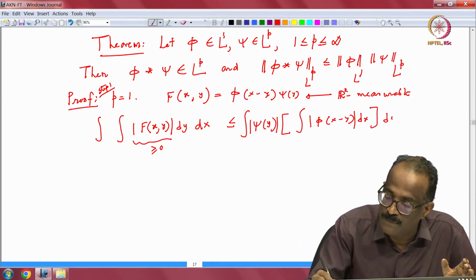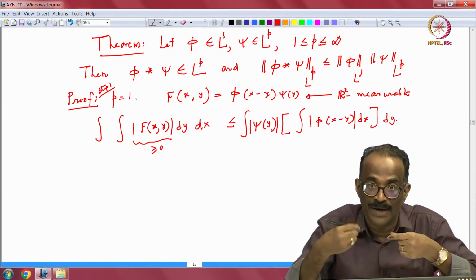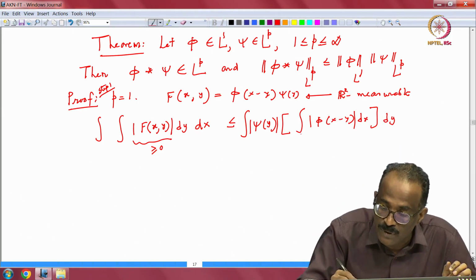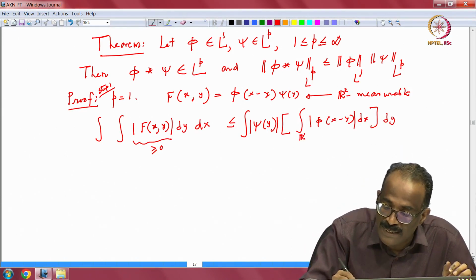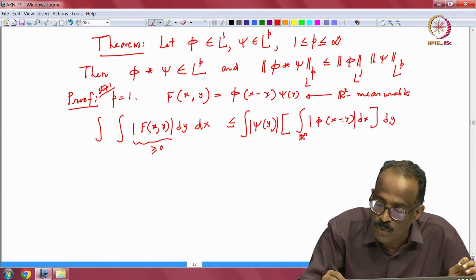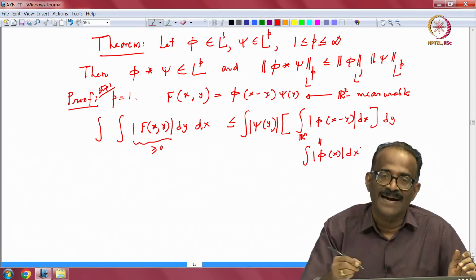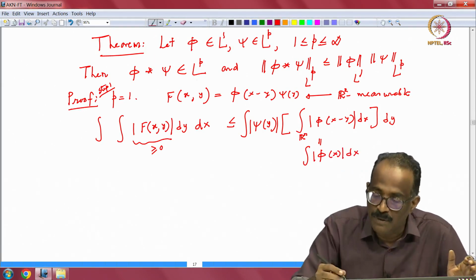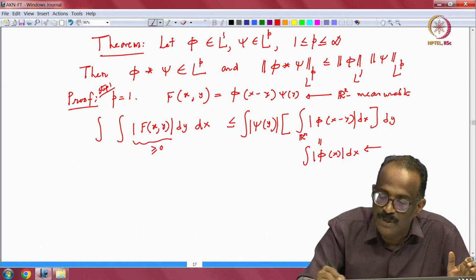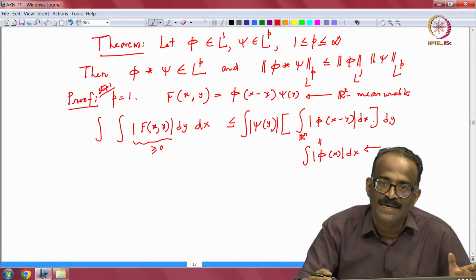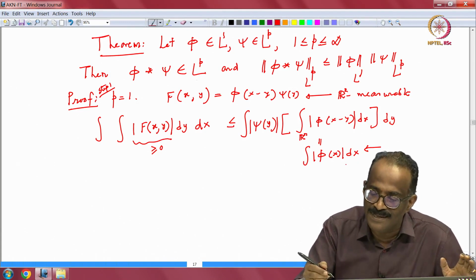Here is one observation you always have to make, how to get rid of the variables. Now, you see this is Rn, you are integrating with respect to x, but this is translation invariant. So, this will be the same as the integral over Rn of modulus of phi of x dx. If you want, you can use another variable: because of translation invariance, put x minus y equal to t, so dx equal to dt, and it is phi of t dt.